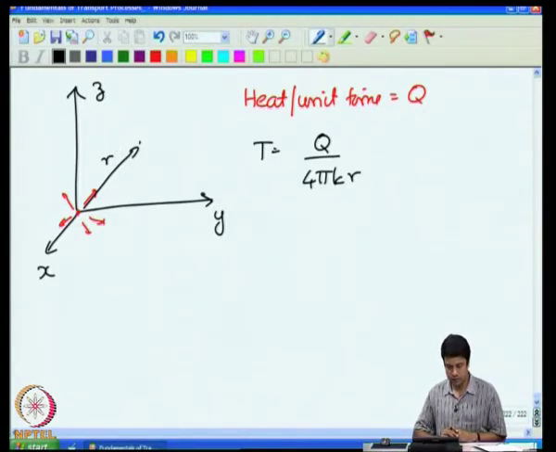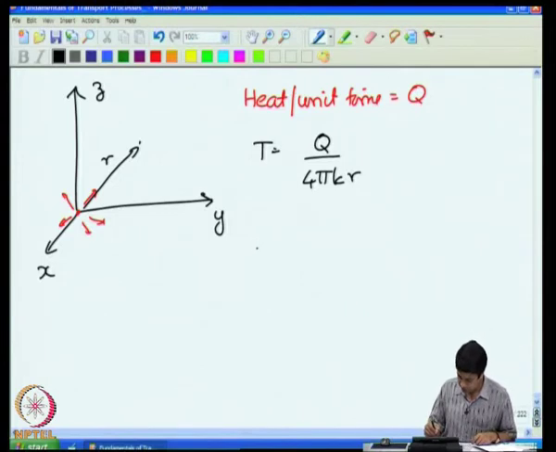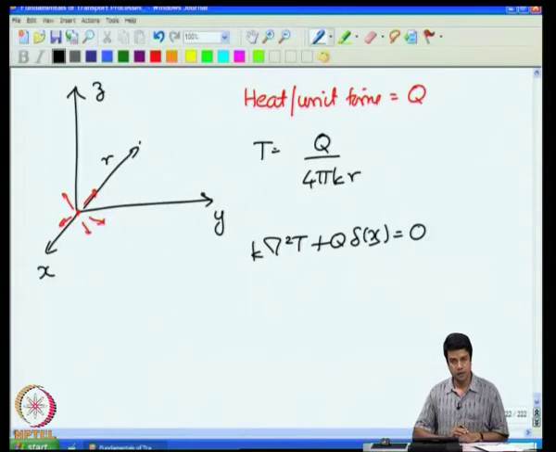Turns out that this solution is also a solution of the equation K del square T plus Q delta of x is equal to 0. How does that come about?